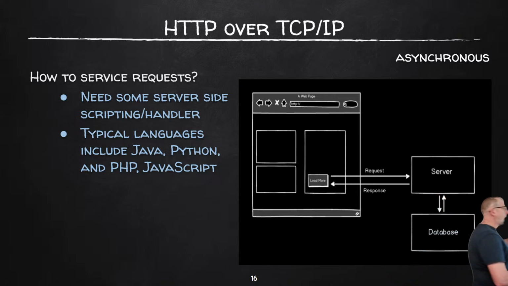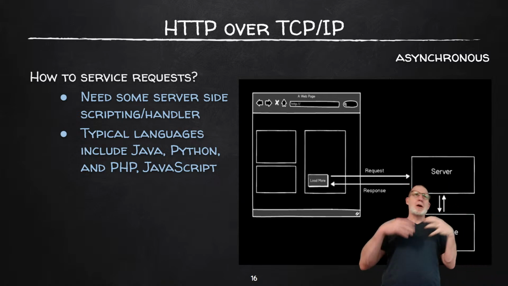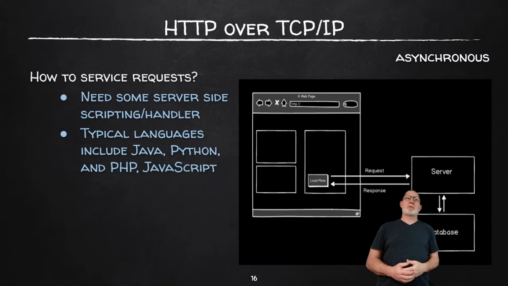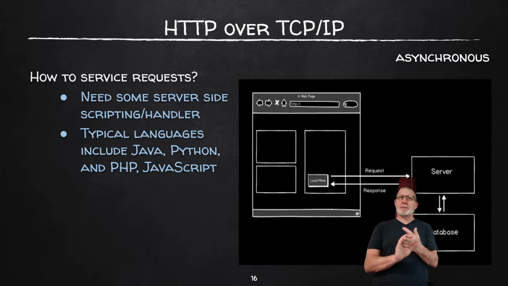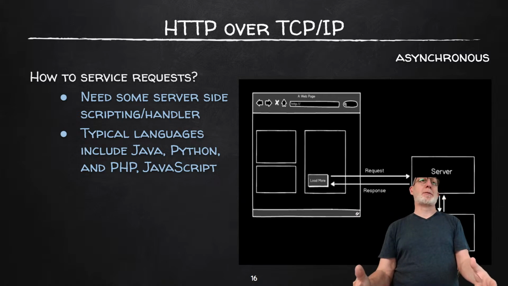Out of all of this, you will hear some of these job descriptions too. When we talk about web developers, you kind of break them down: front-end developers, back-end developers, and full-stack developers. A front-end developer builds what's in the browser.